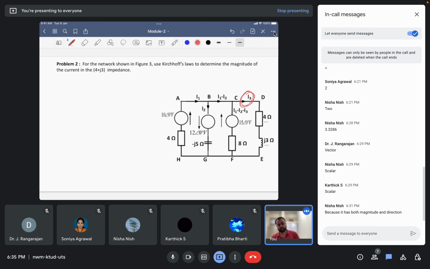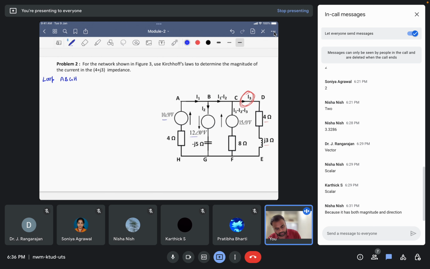So let us write this for loop 1, loop ABGH. Follow the convention. Here we have two sources. One source is 10 angle 0, the other source is 12.